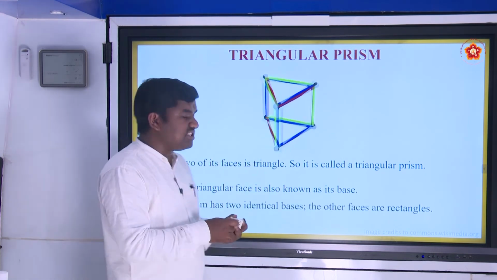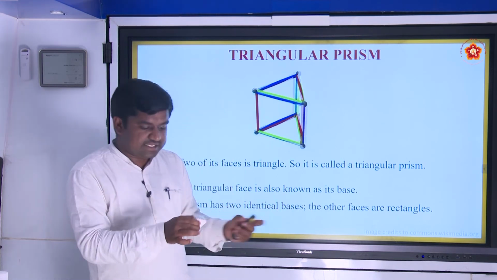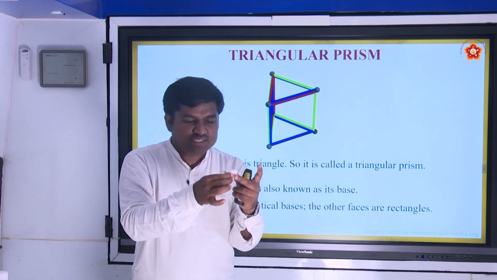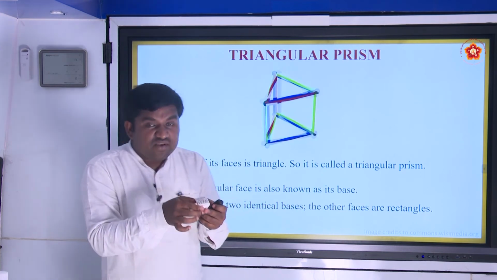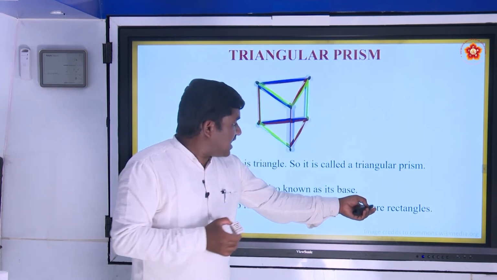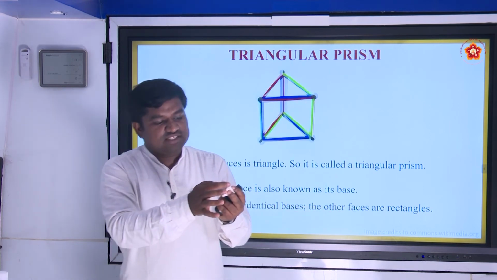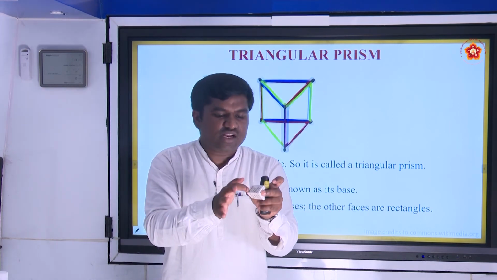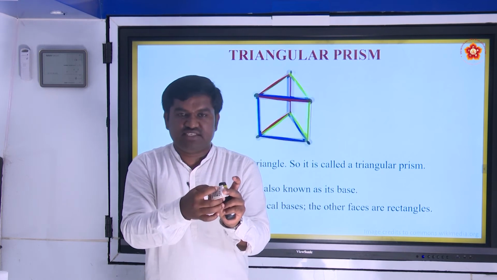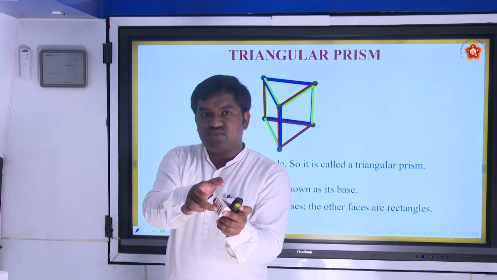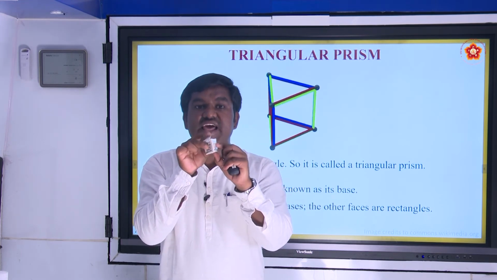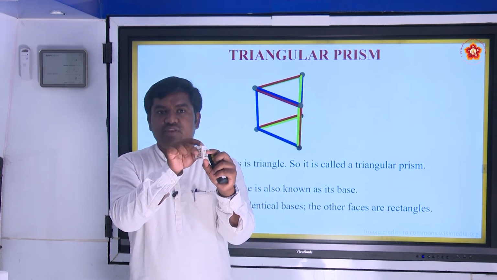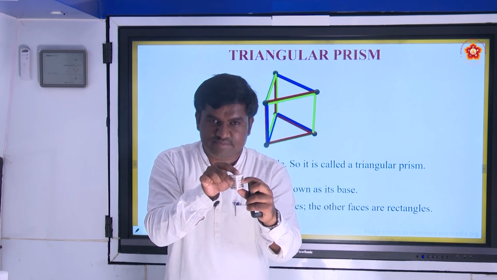The prism has two identical bases, this base and this base, and the other faces are rectangles. This is one face, this is another face, this is another face. These three faces are rectangular in shape.